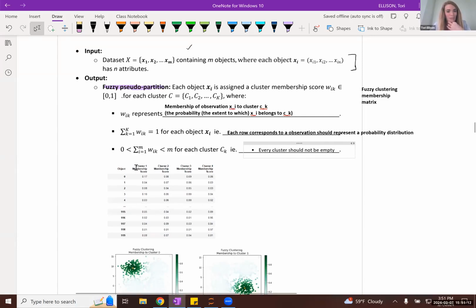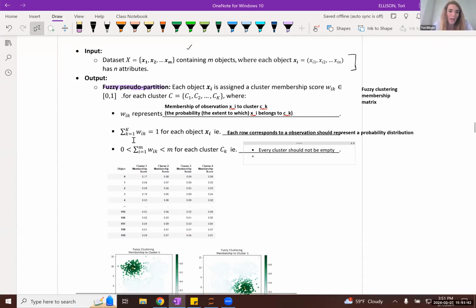If the sum of these values was 0, then every one of these cluster 1 membership weights is 0, or in other words, no observation belongs at all to any degree to cluster 1. We don't want that to happen. We want every cluster to have at least a little bit of membership of at least one observation in the data set. Otherwise, there's no point in having that additional cluster.